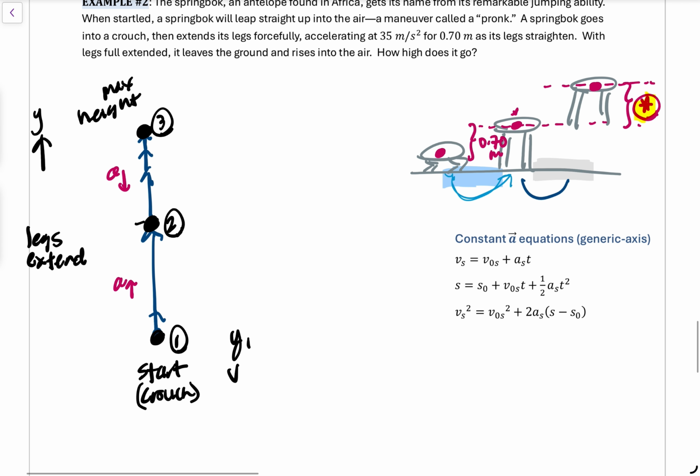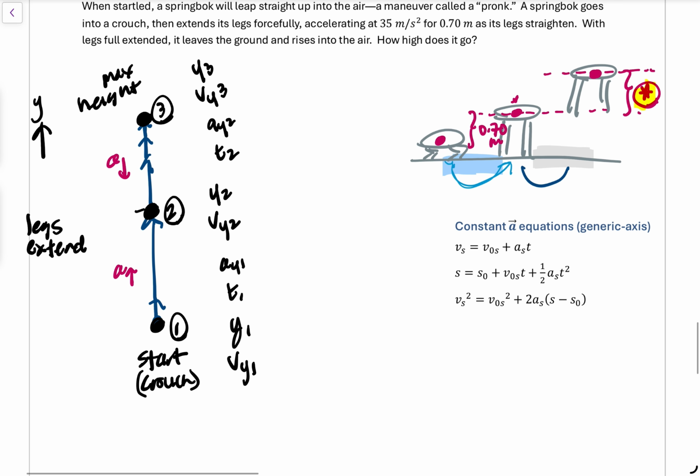I'm going to say Vy1 and y1, our position and velocity. We're going to do a y2, a vy2, and then a y3, a vy3. So we've got our positions and velocities. We're going to have an acceleration here, a time here, an acceleration here, and a time here. So got all of our variables out.